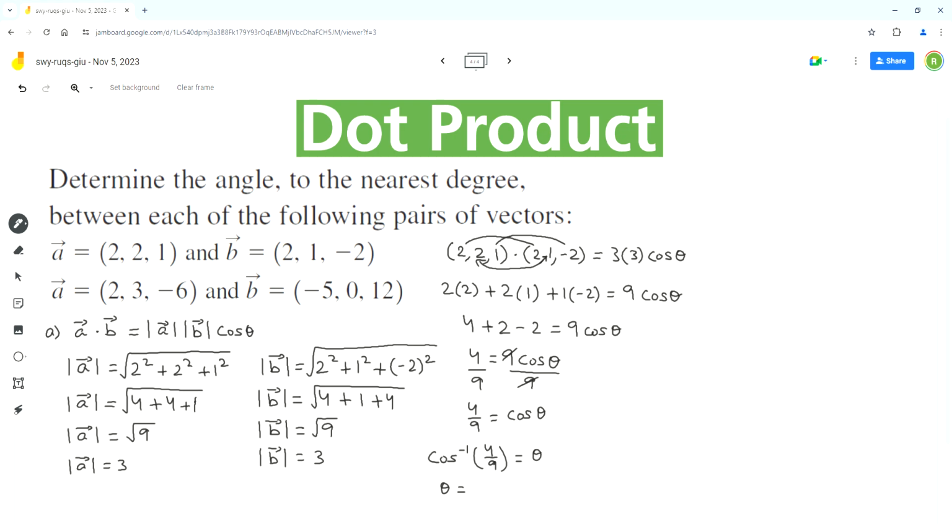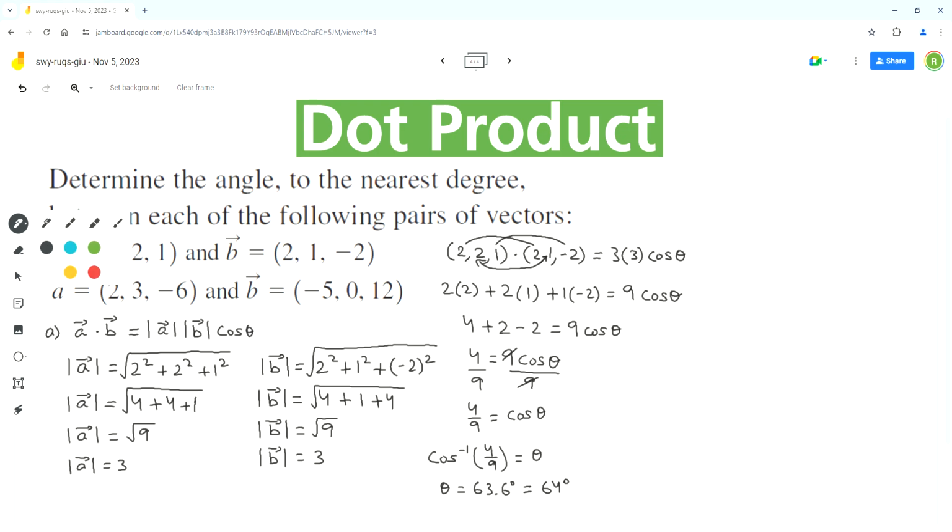So I got 63.6 degrees. Now since we have to round the answer to the nearest degree, the final answer should be 64 degrees. So this should be the angle between vectors A and B.